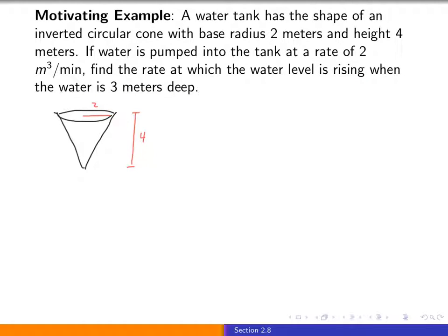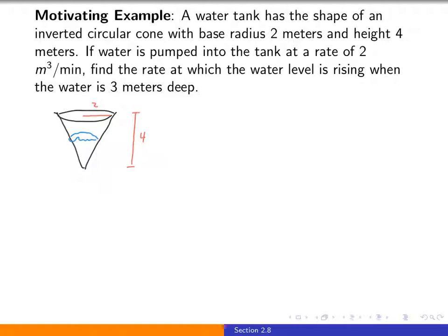Okay, so water is being pumped in, and we have some water level. And let's think about what we know. Water is being pumped in at a rate of 2 cubic meters per minute, and the units are telling us what rate of change this is. Cubic meters measures volume.